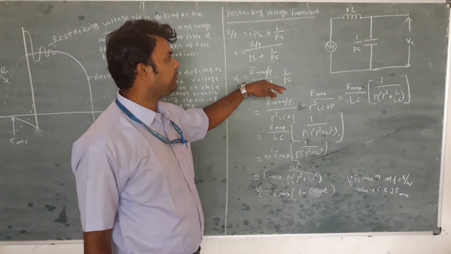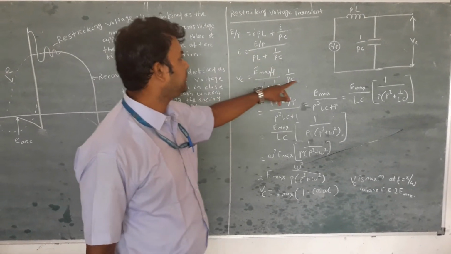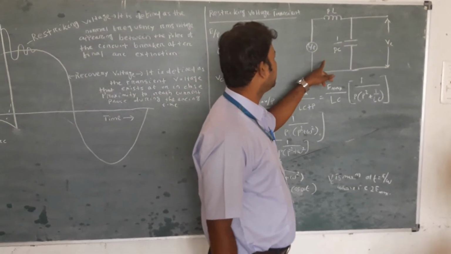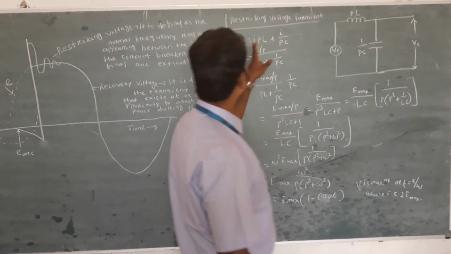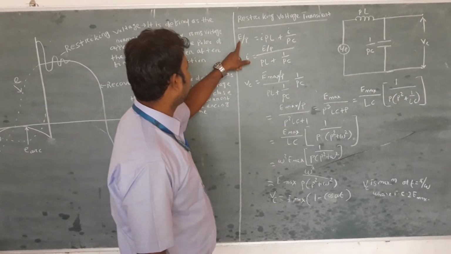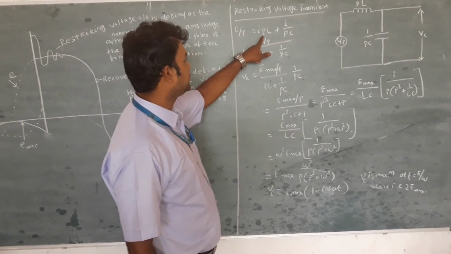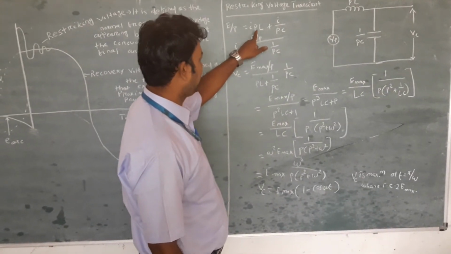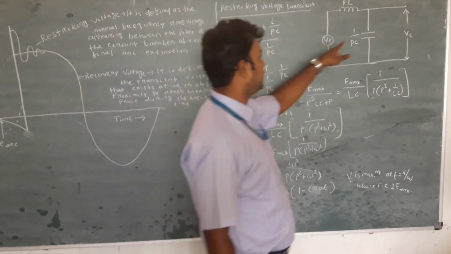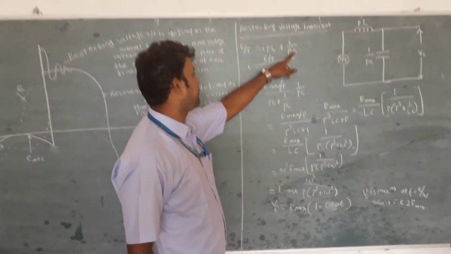So now we apply the second law, Kirchhoff's voltage law, to this loop. Then we find the expression: E written in Laplace equals the voltage drop across the inductor in Laplace form, plus the voltage drop across the capacitor in Laplace form. Okay.